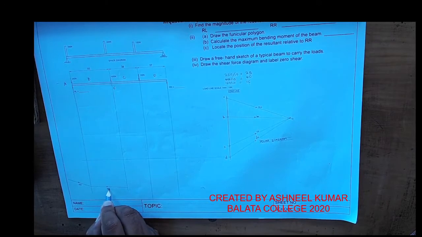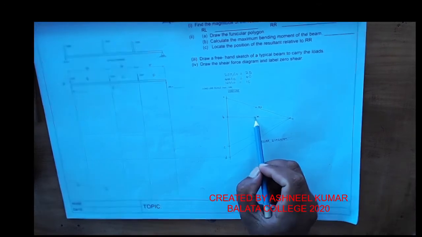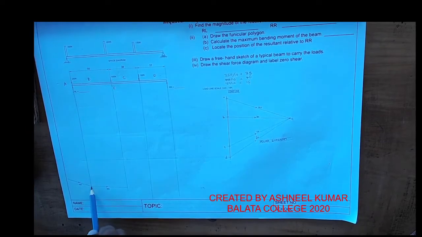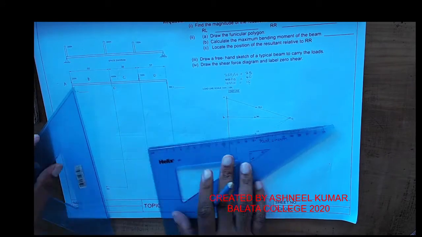That is B0. If you look at B0 from 250 to 400, from here to there is B0. Next we can take C0.